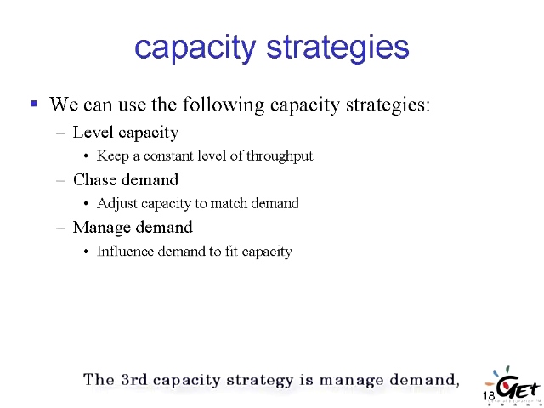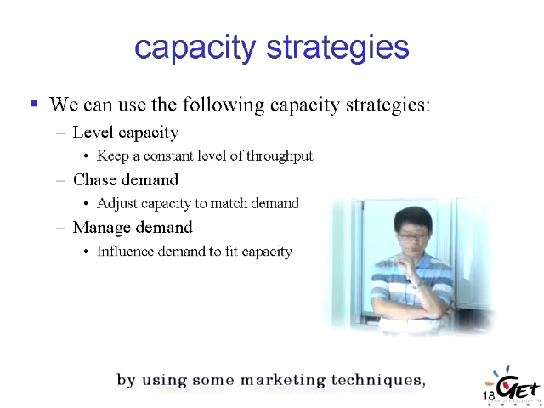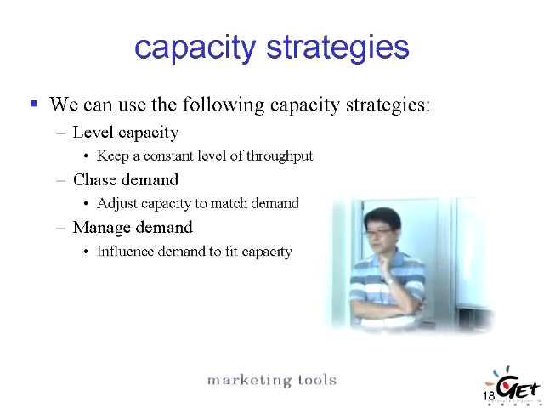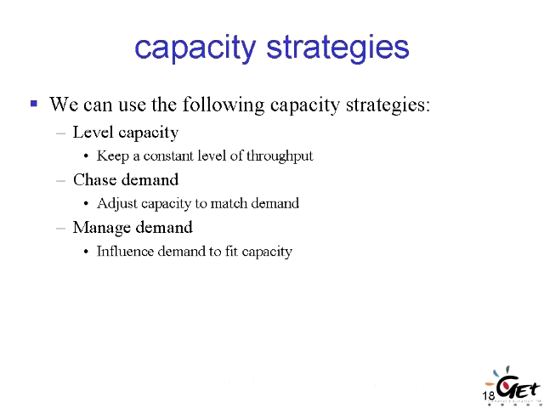The third capacity strategy is manage demand. That means we try to influence the demand by using marketing techniques, marketing tools. For example, you can do differentiated pricing: in the peak hours or peak time, you raise the price.